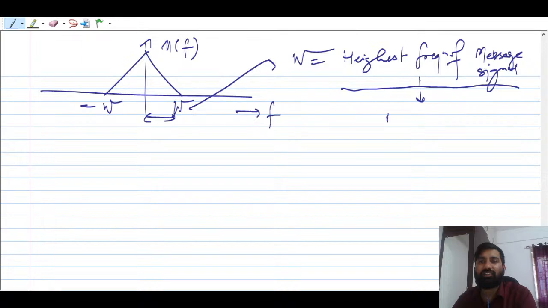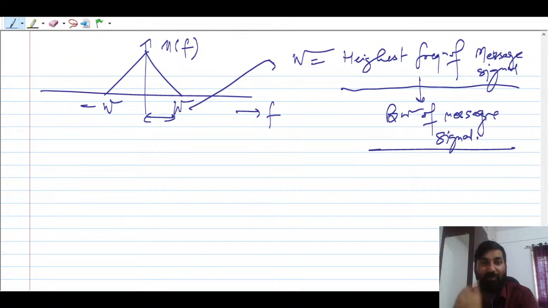Highest means this is nothing but the bandwidth of the message signal, right? This much clarity you have to keep in mind first. Before you start any topic, you need to have some building blocks. These are the building blocks. This is important for electronics, electrical, instrumentation, for everyone. You need to understand.